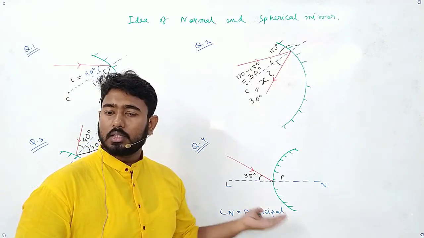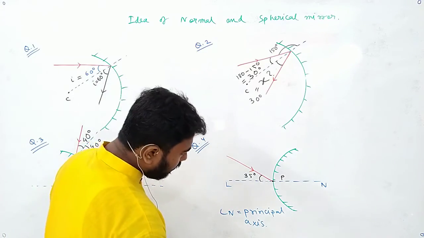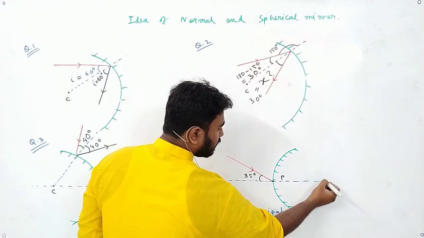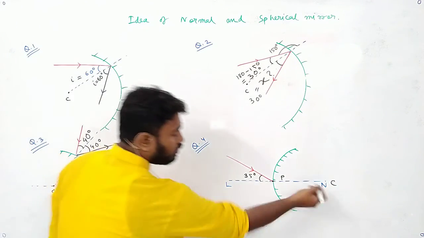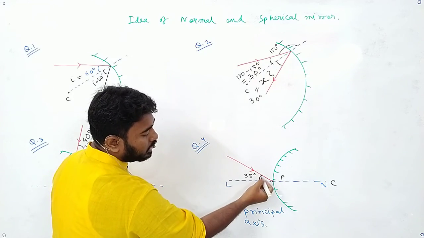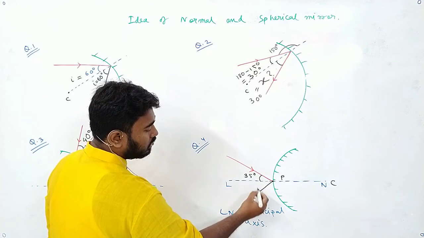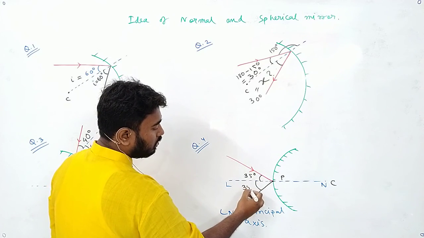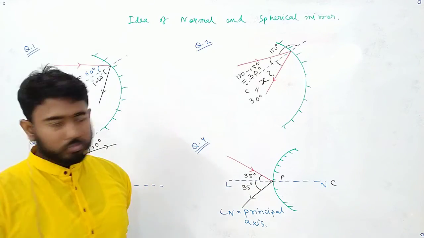If this is the principal axis, then the principal axis must pass through the center at some point. That means this will also be normal, right? If this is the normal and this angle is 35 degree, then this will also be 35 degrees.